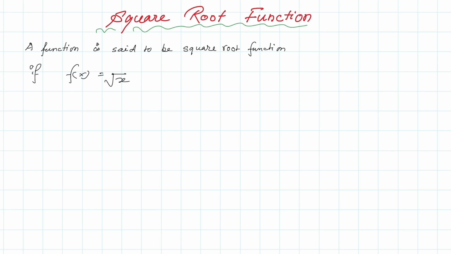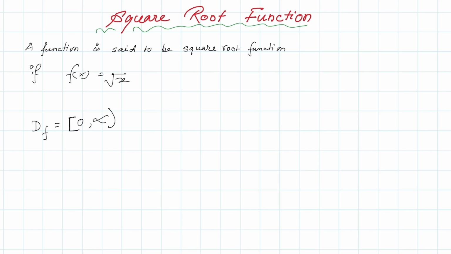Here you see, if it is root over x, then you cannot put negative numbers. So definitely the domain of this function will be equal to 0 to infinity. This is a square bracket, which means it is a closed interval on the side of 0. That means 0 is included. So this must be the domain. Now you see how to draw its graph.